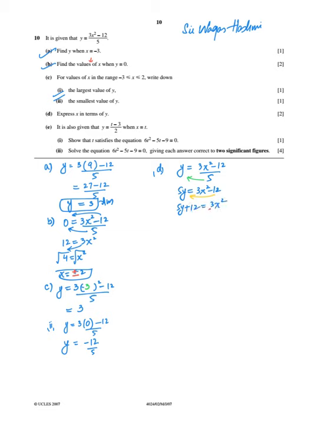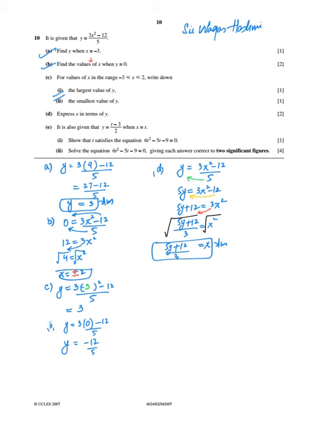After that you need to shift 3, so that will be (5y plus 12) divided by 3 equals x square, and at the last you need to apply root on both sides, so that will be x equals root of (5y plus 12) divided by 3. That is your D part answer.